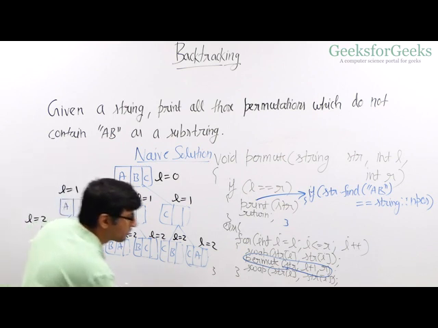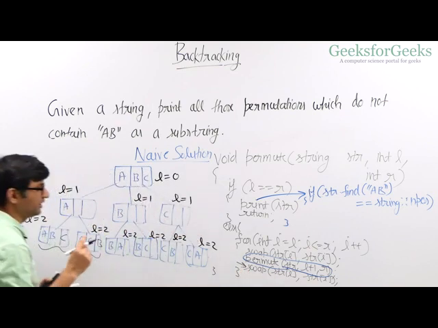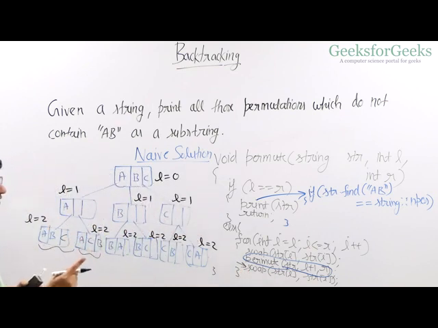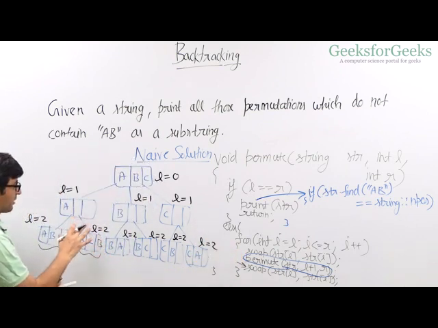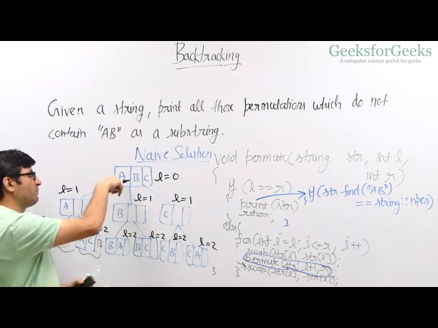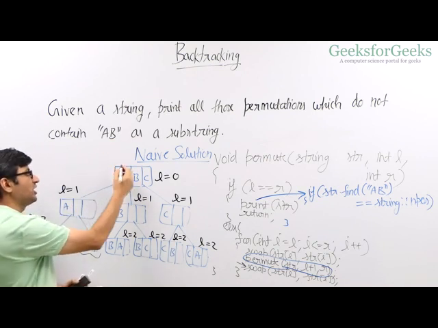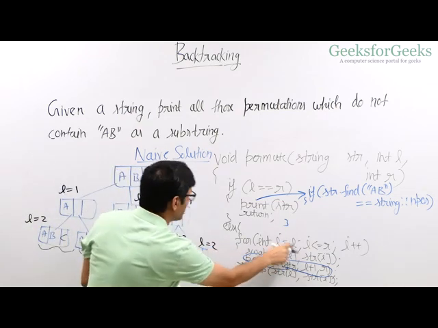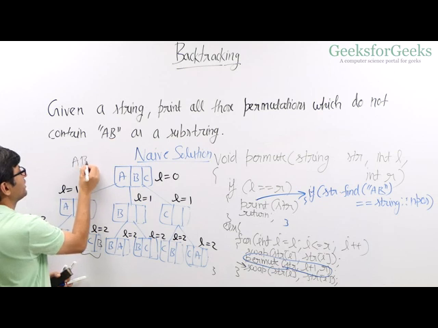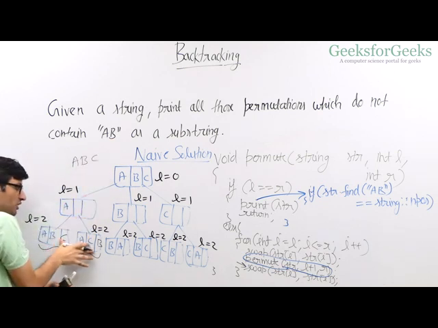Now why are we doing the swap operation? Why are we swapping the character back to its original position? The reason for this is simple. Once the recursive calls are over, you want A to be back at its correct position. So initially you swapped A with A, so initially your string was ABC, you run a loop for I equals L, then recursively called for this.